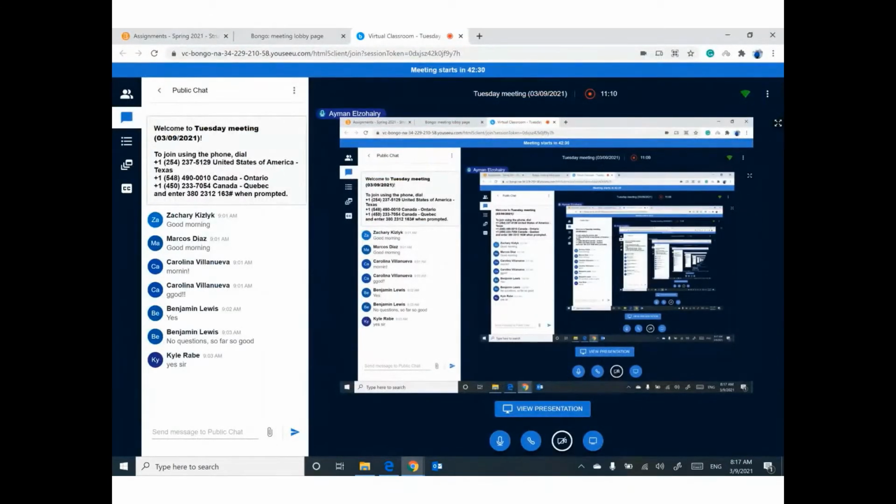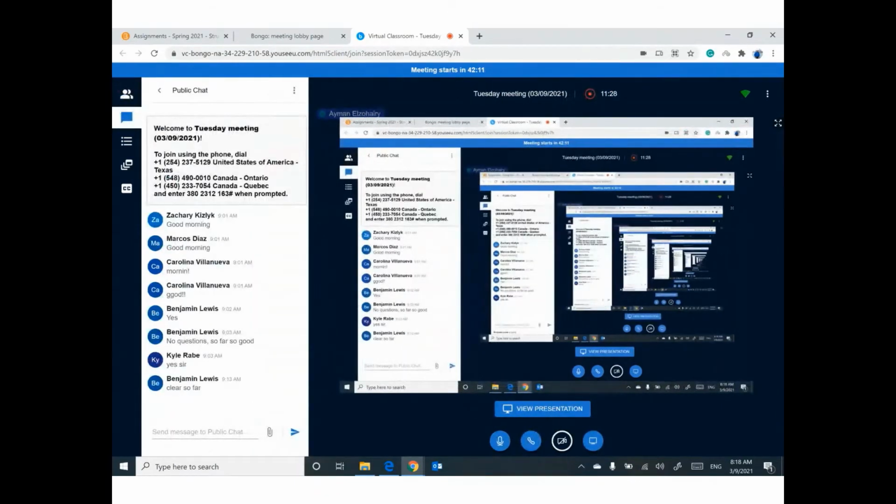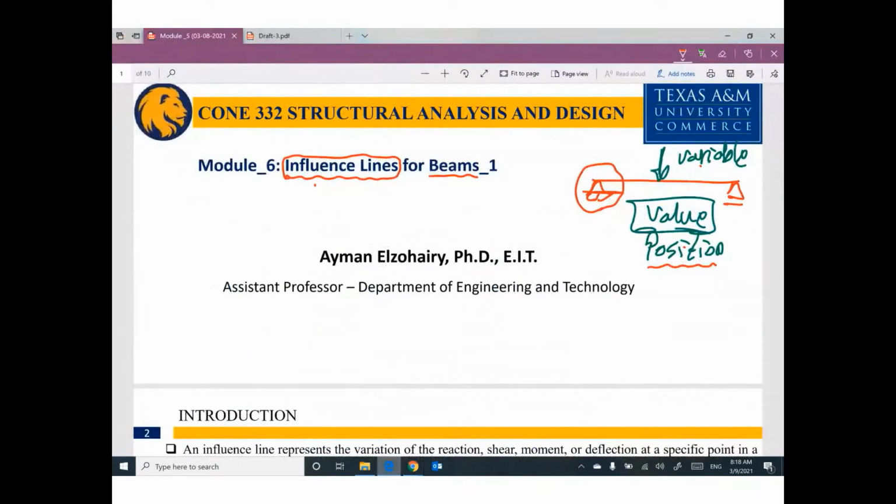Guys, these few seconds are very important to understand the meaning of influence line. Any question? Do you have any question? Let me know. It's very important to understand what's going on in this part.